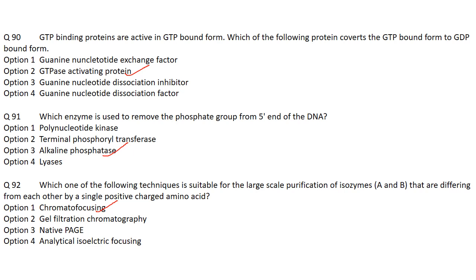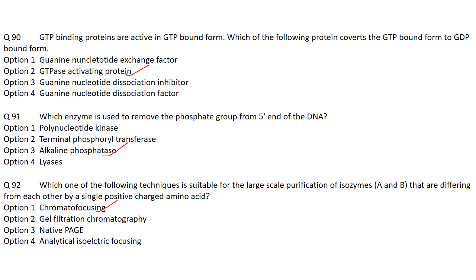Then which of the following techniques is suitable for large-scale purification of isozymes A and B that differ from each other by a single positive charged amino acid? So it is chromatofocusing. Chromatofocusing combines the advantage of high capacity ion exchange procedure with higher resolution of isoelectric focusing into a single chromatographic focusing procedure.